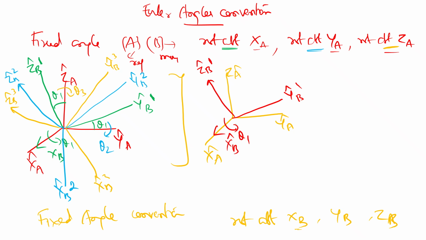So what is next? Next is you have to rotate about YB. Where is YB here? So along YB you have theta 2. Okay. So as a result you have, so this remains the same. So you have ZB2 cap, then you have XB cap 2.